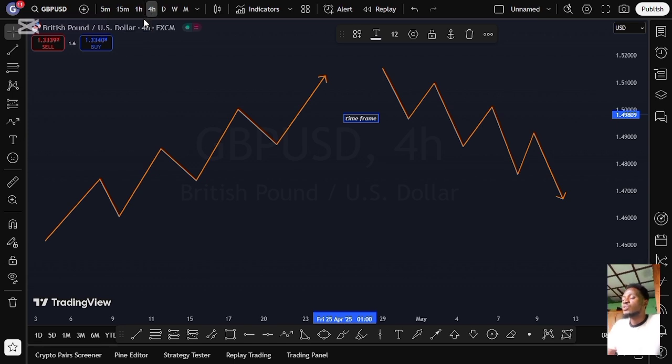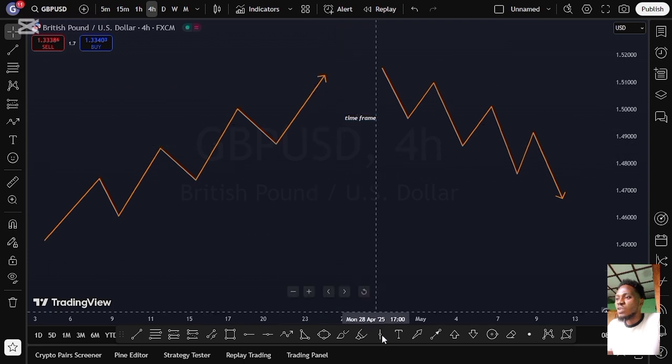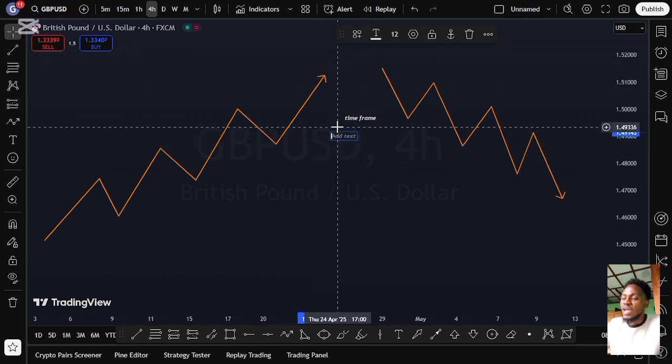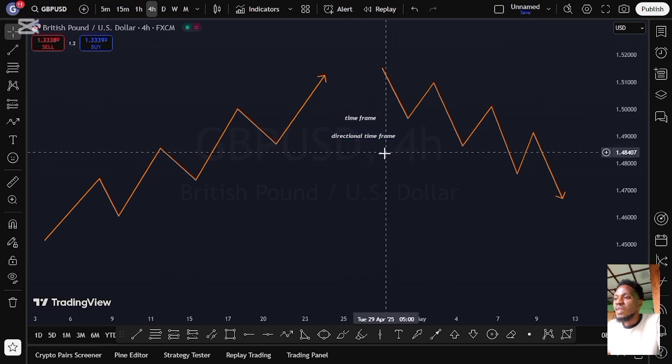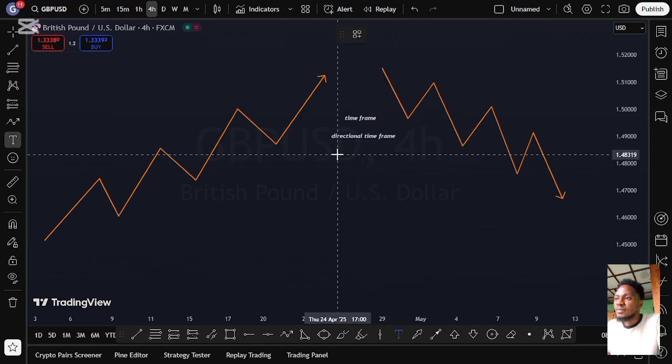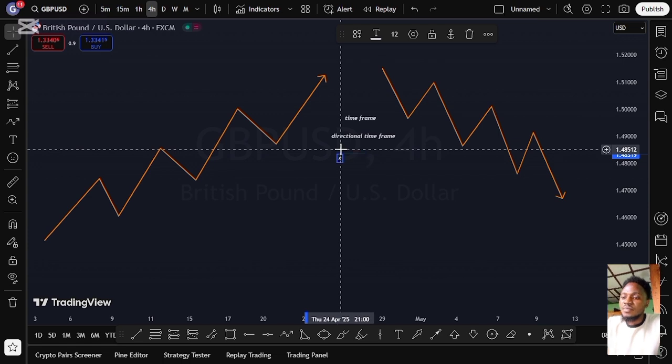All right, so the next thing you need to understand about time frame, and this will be relative to anybody, is there's what I call directional time frame, which is the directional bias. Directional time frame. Okay, directional time frame. And I have what I call setup time frame.